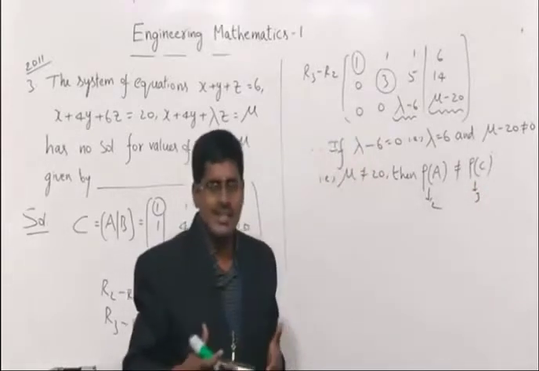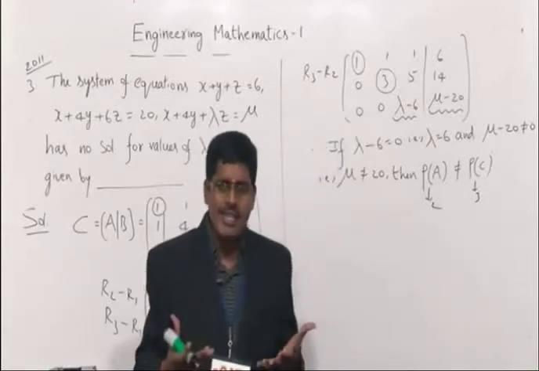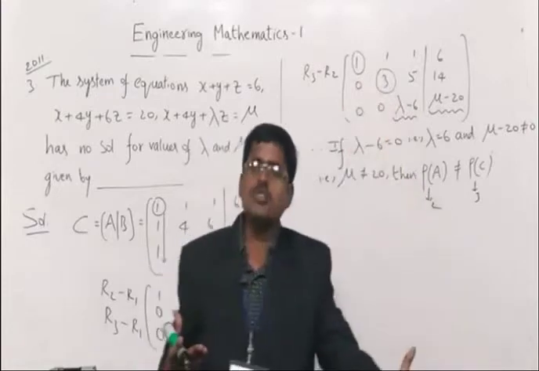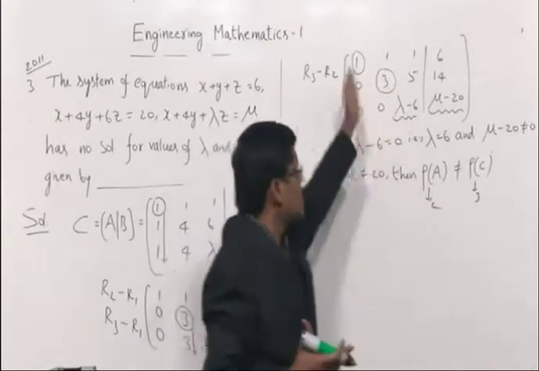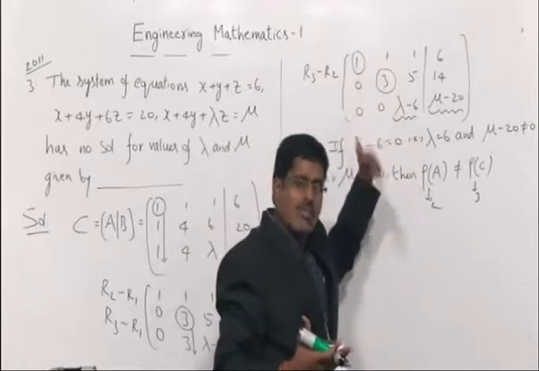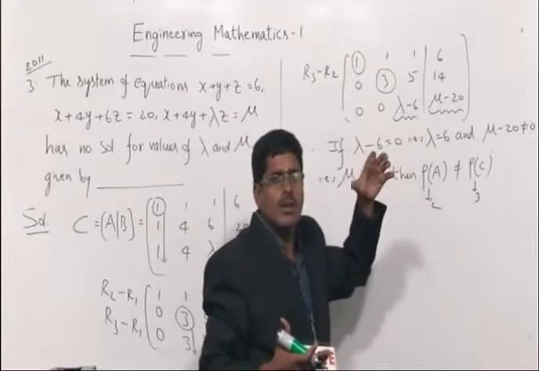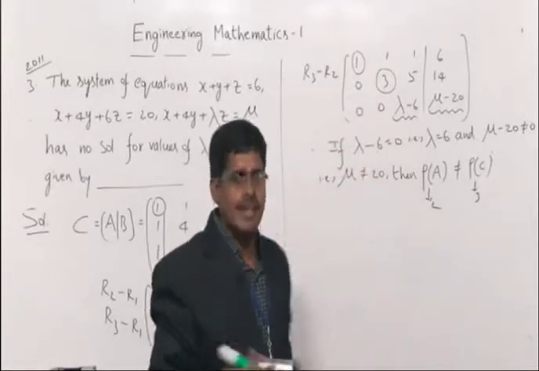The number of circles, that means the number of first non-zero entries in each row, gives the rank of a matrix in row echelon form, after making the elements below the diagonal 0. That means the number of zeros increases row by row, the zeros before the first non-zero entry of each row.